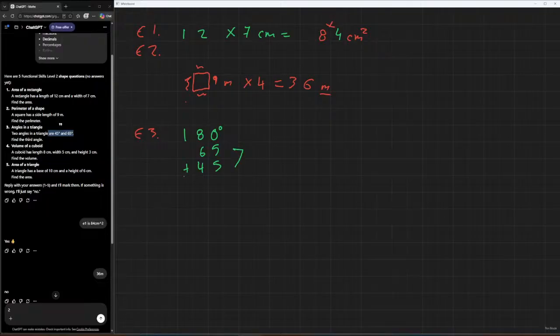So if we add this together, 5 plus 5 is 10, 6 plus 4 is 9, plus 1 is 10, so this gives us 100. So 180 minus 100 is 80. So 80 is the third angle.